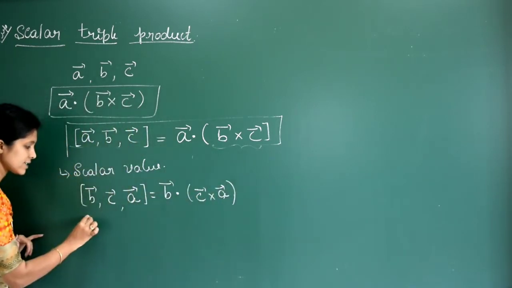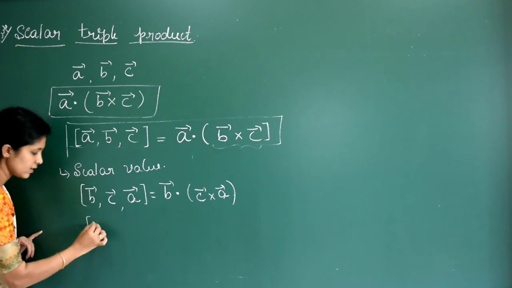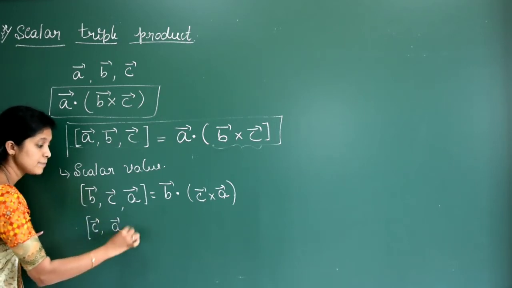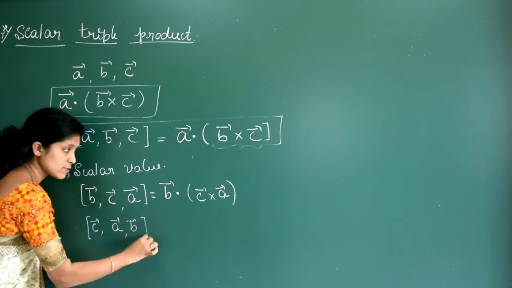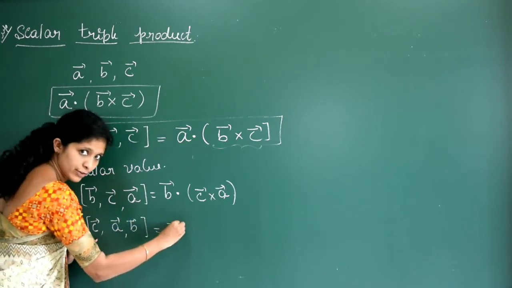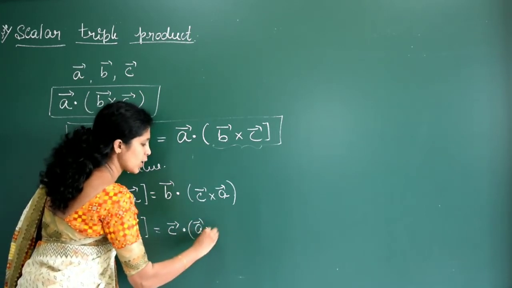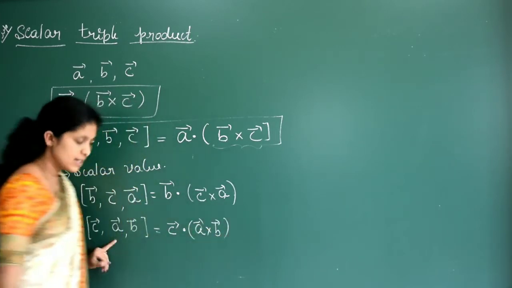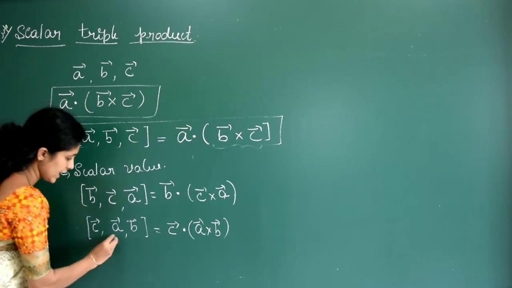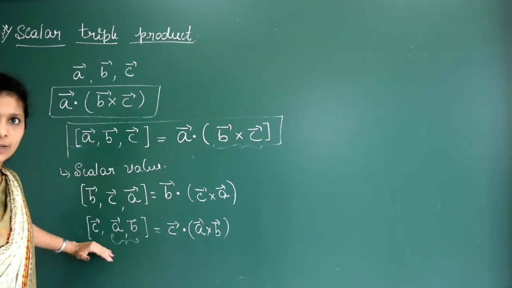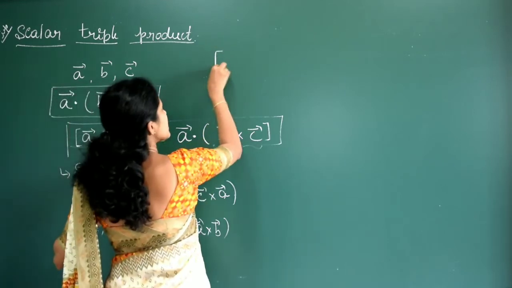If I write that in cyclic order, I will take C here: C vector, then A vector, then B vector. This will be equal to C vector dot A vector cross B vector. Remember all 3 are equal. You have to take it in the cyclic order.